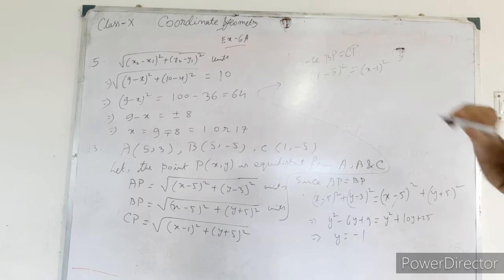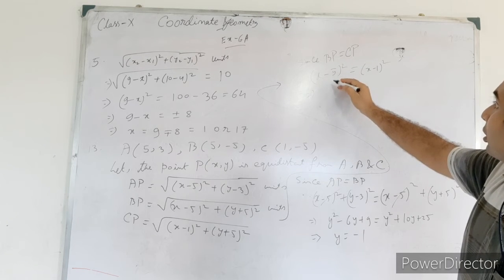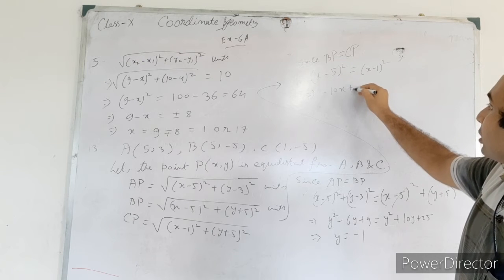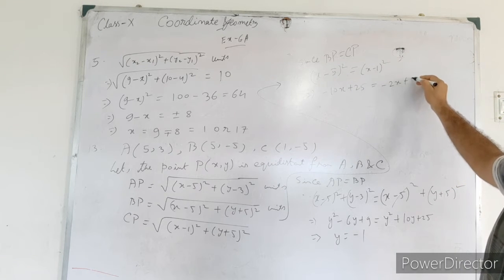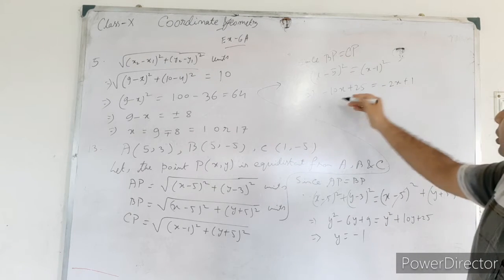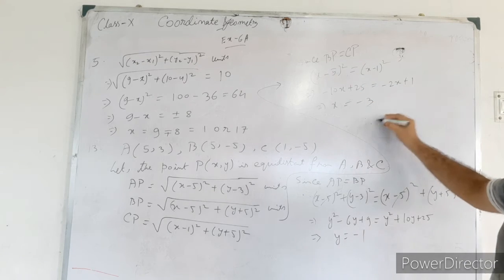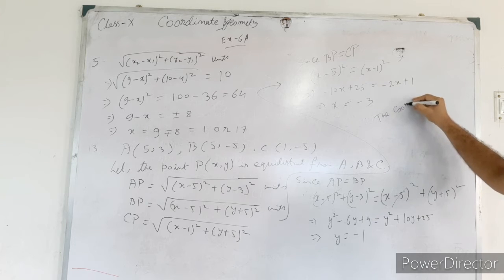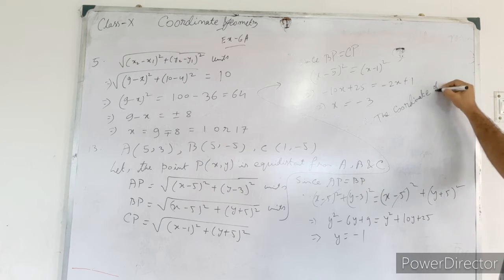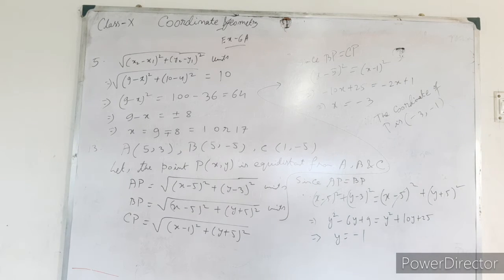If you have not understood, then just ask me or comment in the comment box. Here it is minus 10x plus 25 equals minus 2x plus 1, and so x will be minus 3. So obviously the coordinates of P are (minus 3, minus 1). This is our result. In this way we can solve those examples.